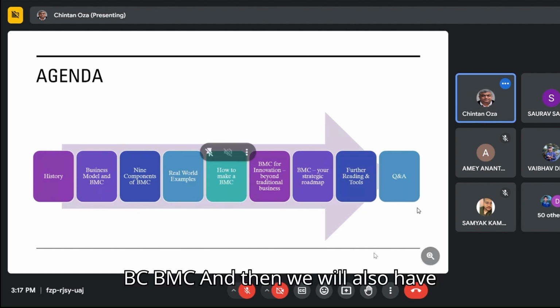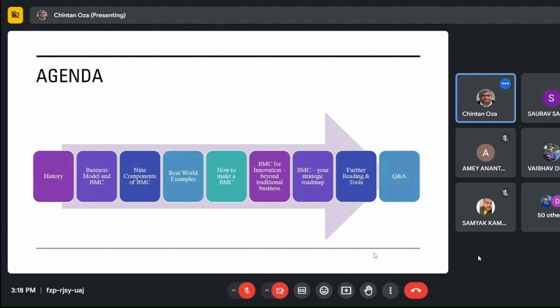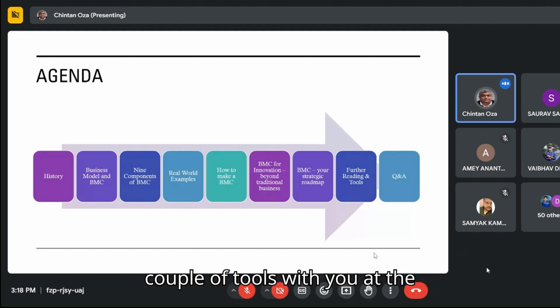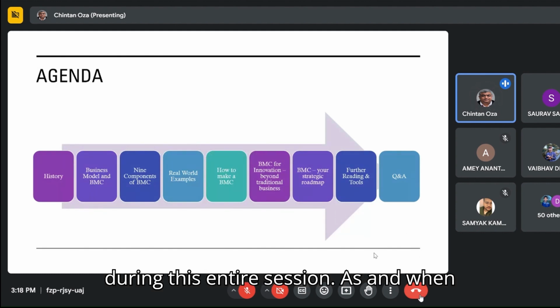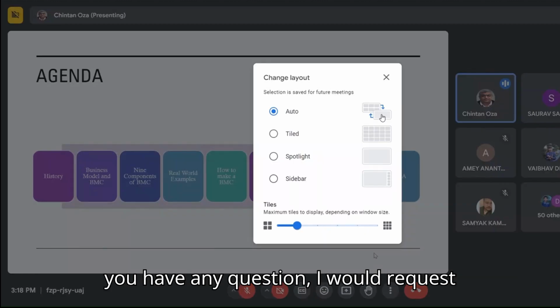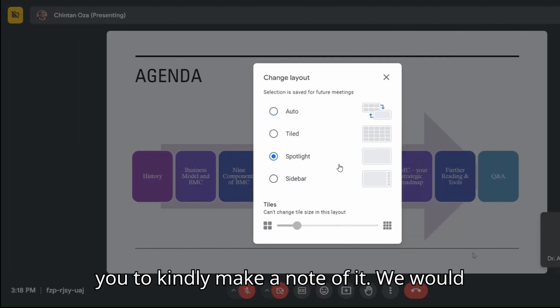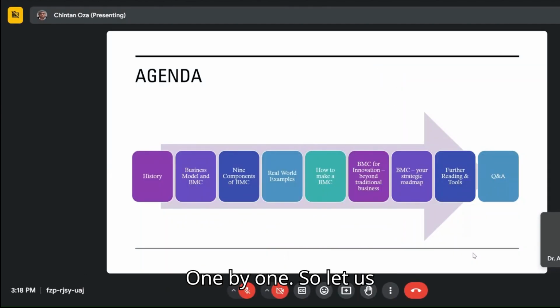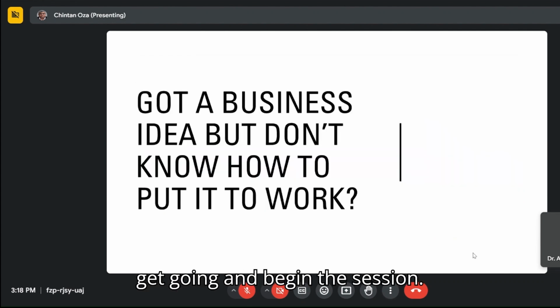Then we will also have recommended reading, and I'll share a couple of tools with you. At the end, we will have a Q&A. During this entire session, as and when you have any question, I request you to kindly make a note of it. We will discuss it at the end, one by one. So let us get going and begin the session.